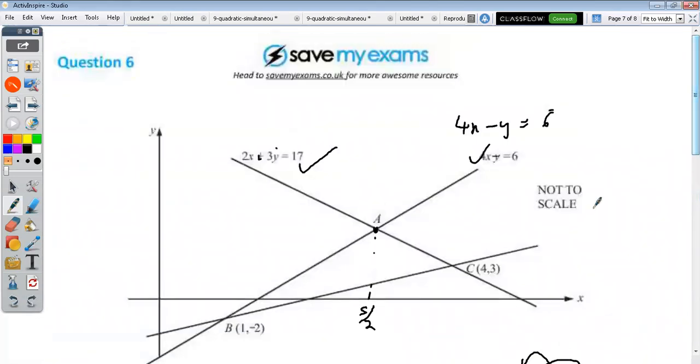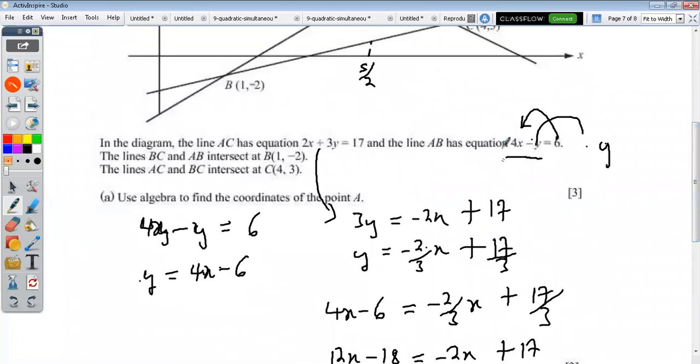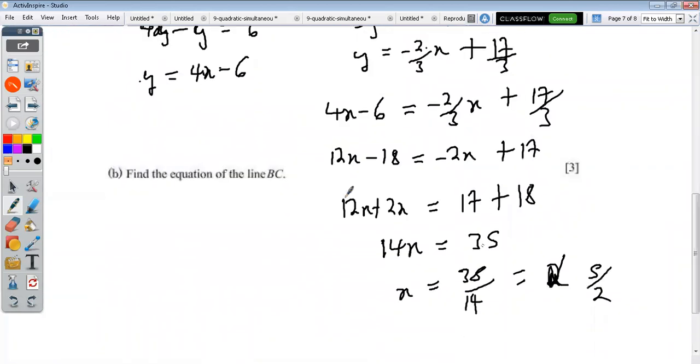Now we can use any of the two equations to find the y coordinate. Are we together? If I want, I can use this or I can use this. So remember we said y is equal to 4x minus 6.